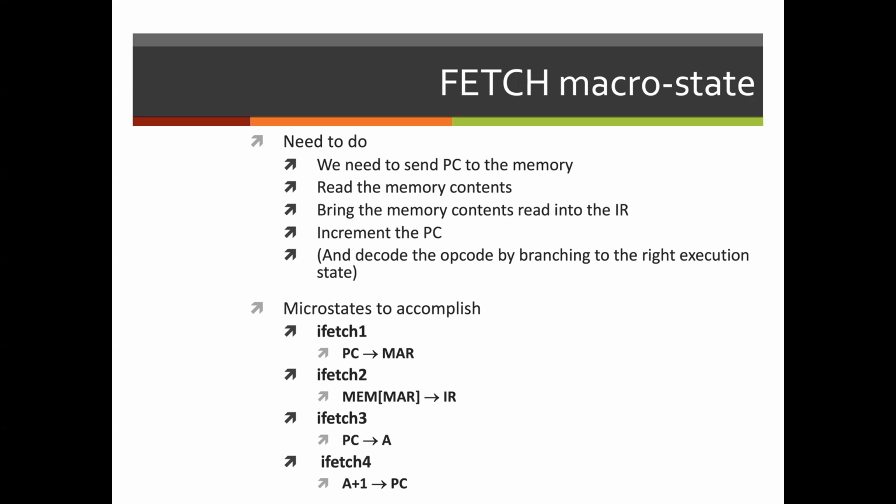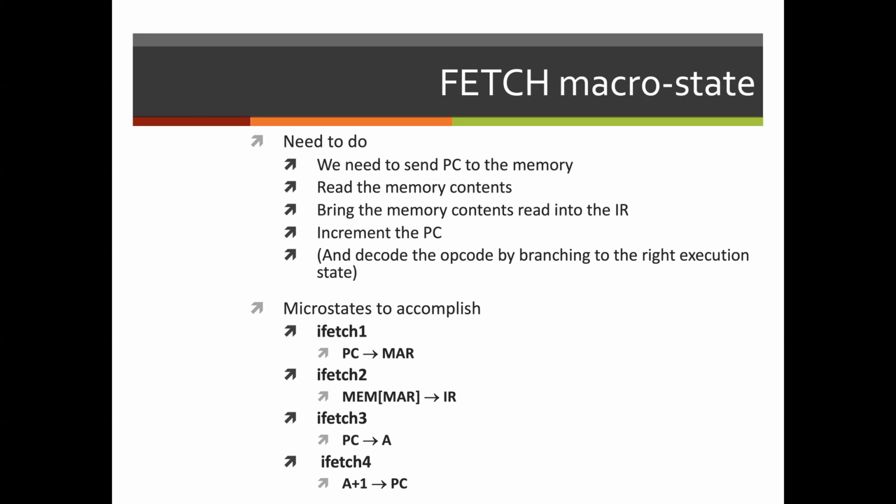So we'll need to send the program counter to memory. We'll need to read the memory contents, bring the memory contents read into the instruction register, and increment the program counter. In order to accomplish this, we have 4 different cycles that can be done.